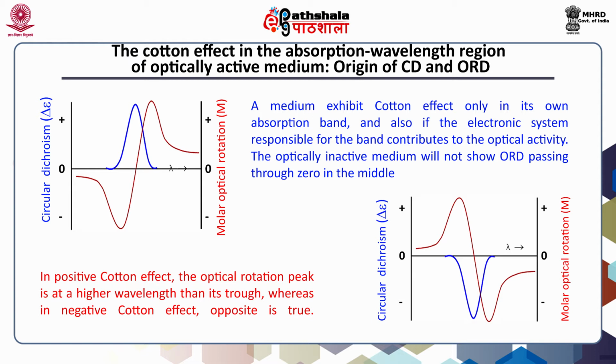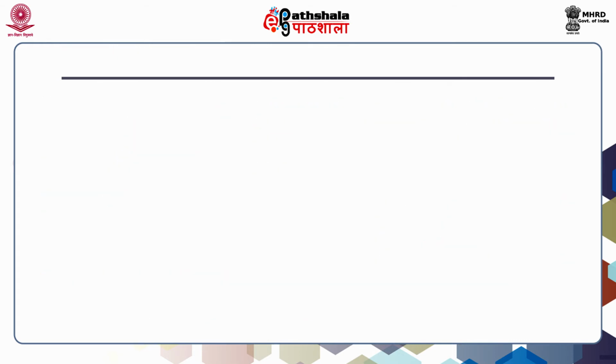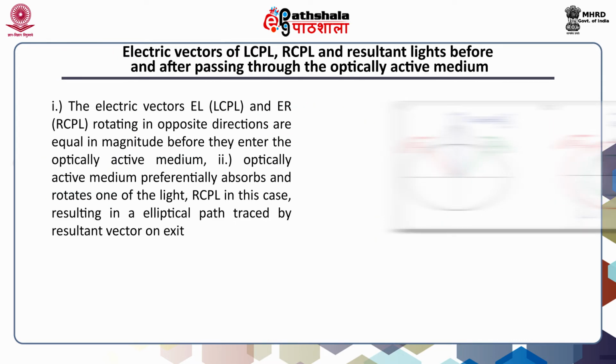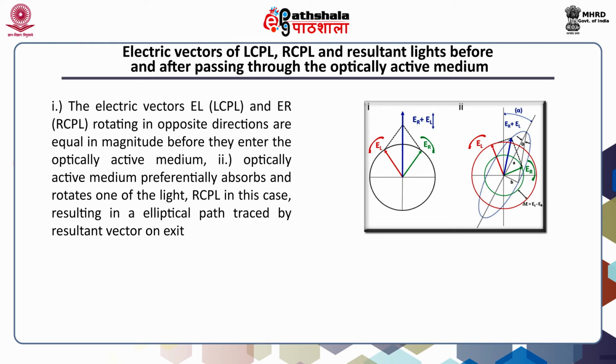LCPL and RCPL will always experience different refractive indices at all wavelengths, and hence ORD can also be useful in the region of very small or no CD, but where the ORD signal is measurable. This is the overall depiction of circular dichroism and optical rotatory dispersion phenomena.